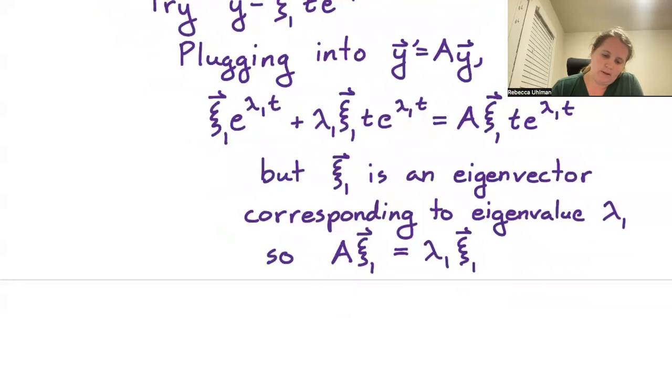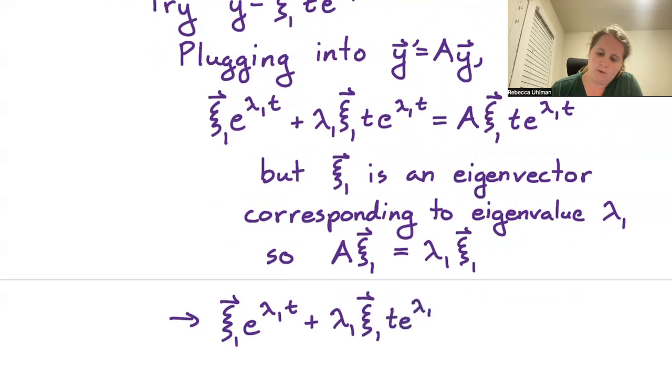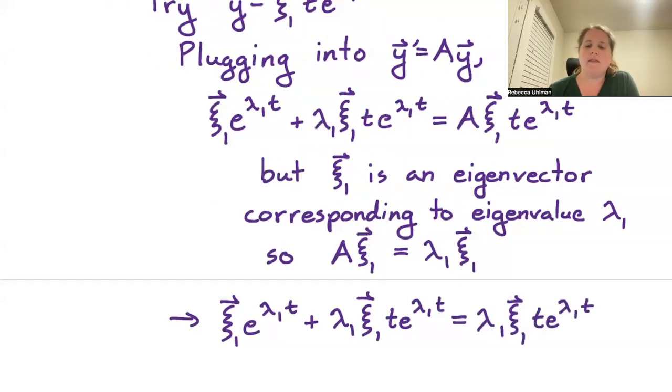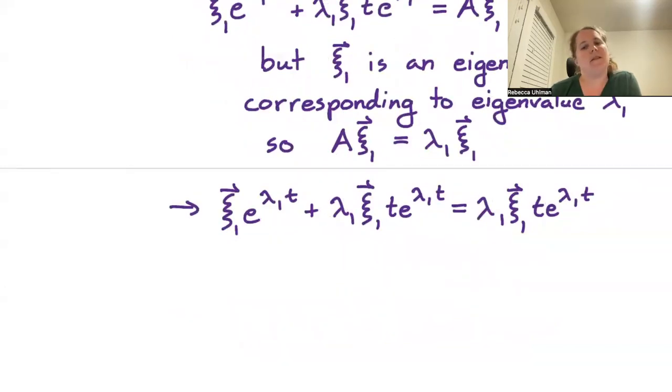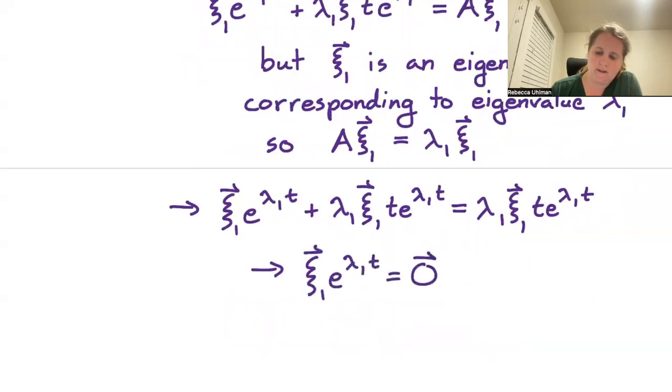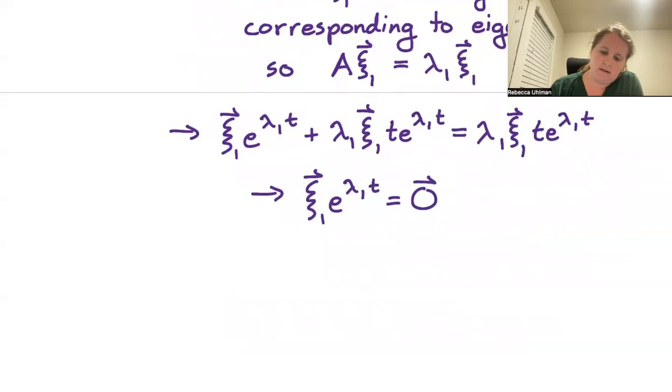So this becomes psi 1 times e to the lambda 1t plus lambda 1 psi 1 t e to the lambda 1t equals lambda 1 times psi 1 t e to the lambda 1t. And this will wind up giving us that psi 1 e to the lambda 1t is equal to 0. But this is not true. Psi 1 is an eigenvector. So this is a contradiction.